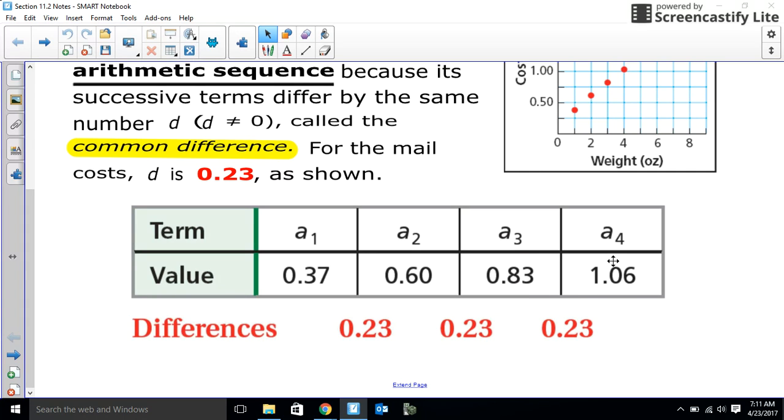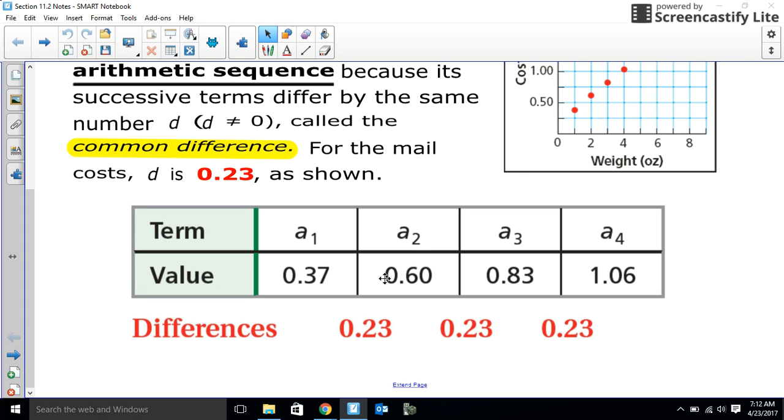So it's a list of numbers like what we had last week. If you notice, though, each value is increasing by 0.23. So to get from here to here, that's adding 23 cents. Then you add another 23 cents. Then you add another 23 cents.